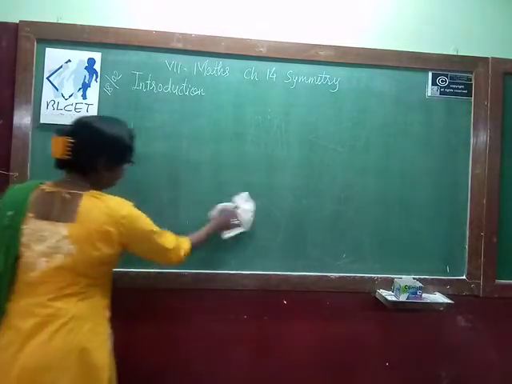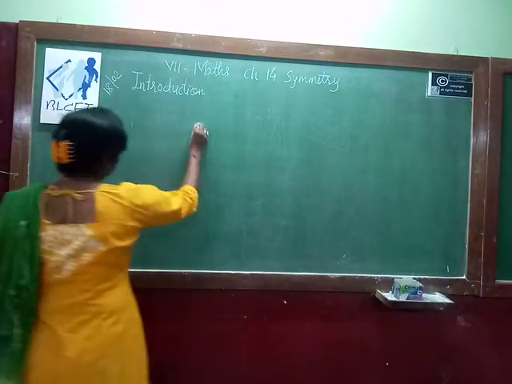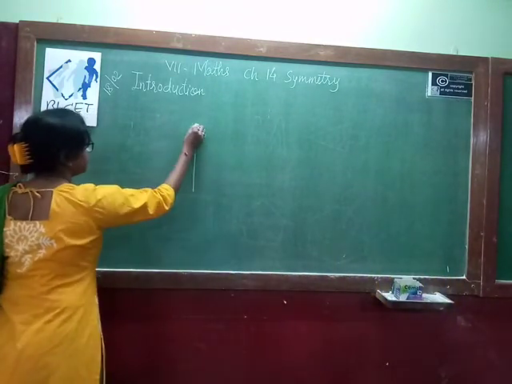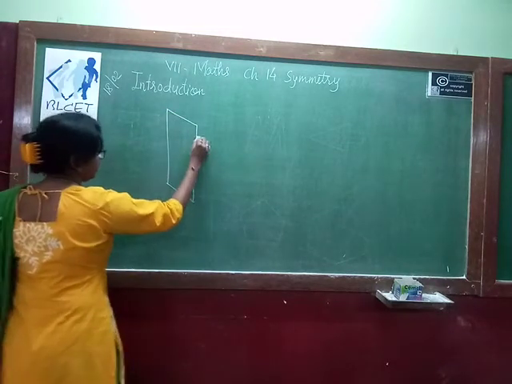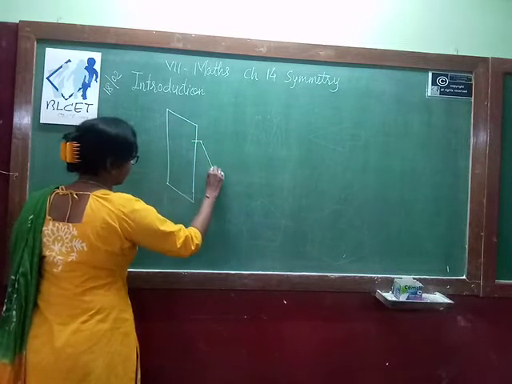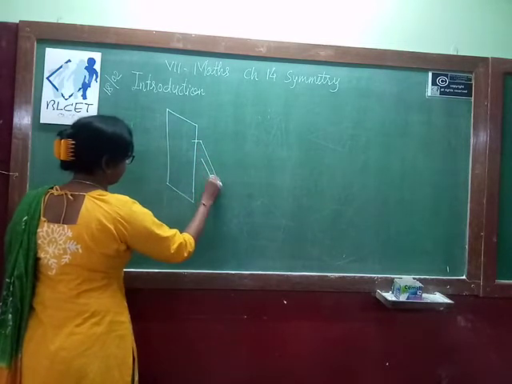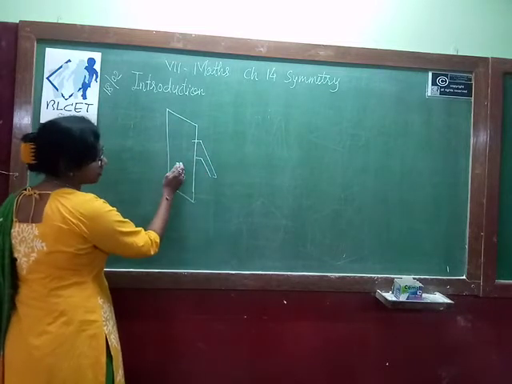Suppose you have this as a mirror, and you are just drawing an alphabet A. So half of the image will be inside.